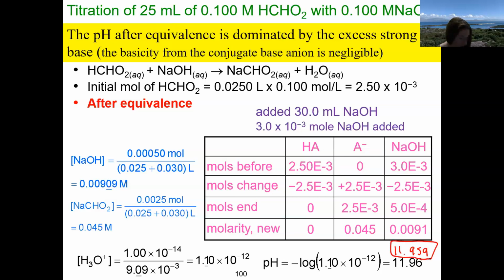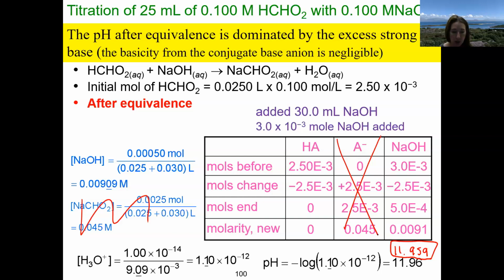Again, this molarity of NaOH, you don't even need it. So once you've determined you're past the equivalence point, the strong base is so much stronger than that weak base, you can just ignore the weak base.